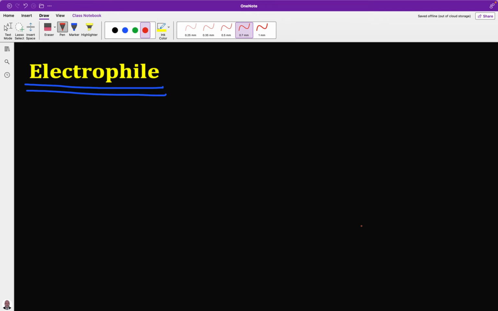That is a common concept usually used in organic reaction mechanisms. The word electro has to do with electrons. Electron loving, negative centers loving.